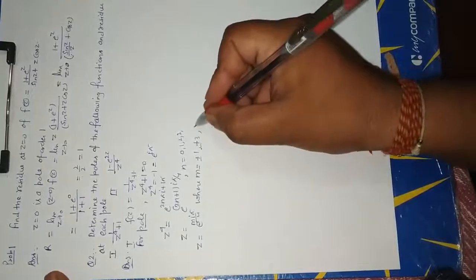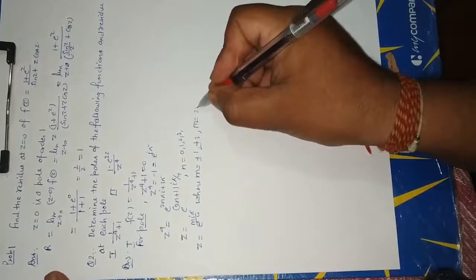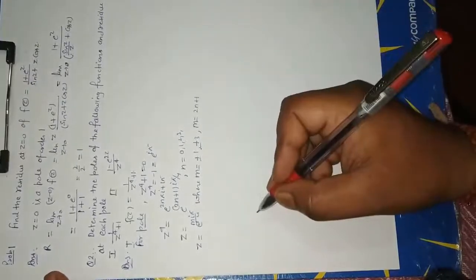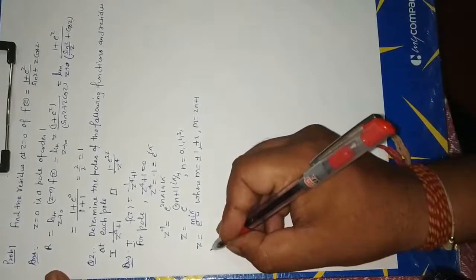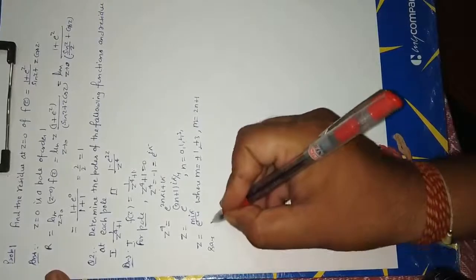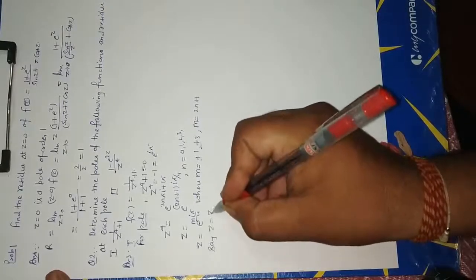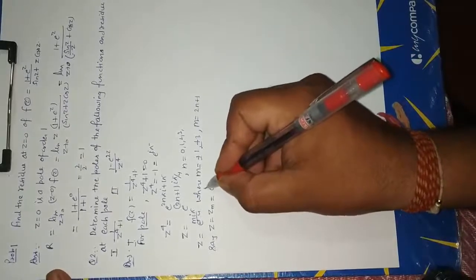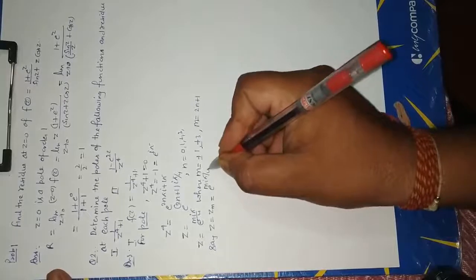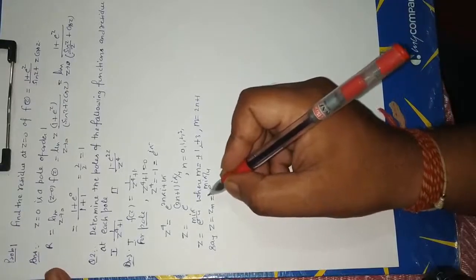Now m is equal to 2n plus 1. Say z equal to z_m equal to e to the power m i pi by 4 is a pole.